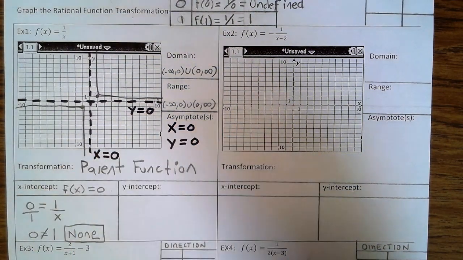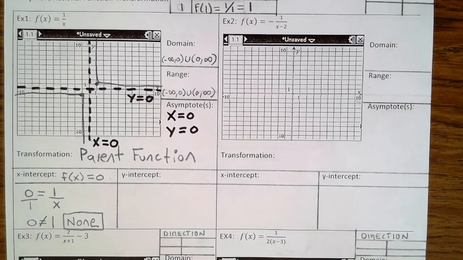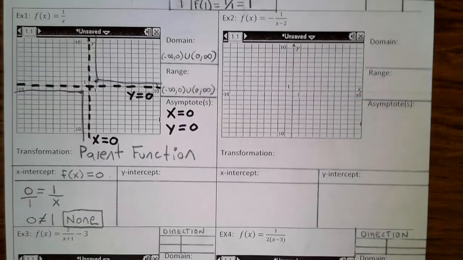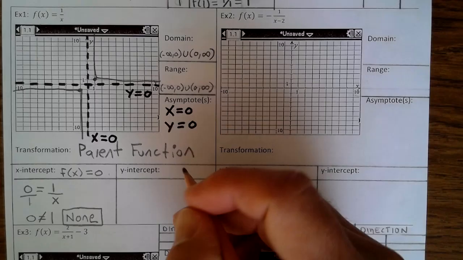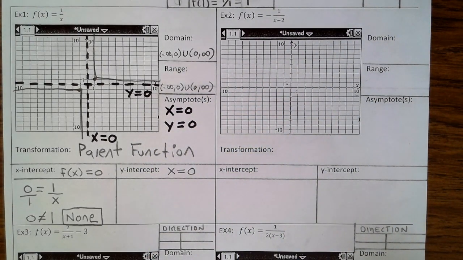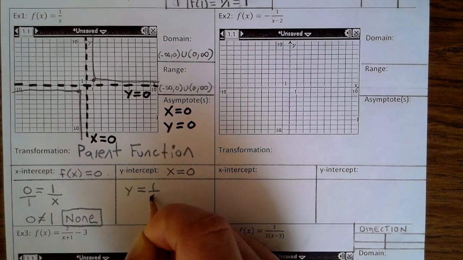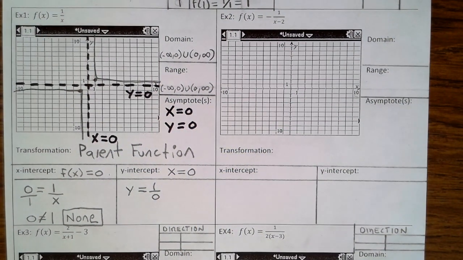Now for the y-intercept, that's when x equals 0. So we substitute 0 in for x. So y equals 1 divided by 0. And we know from our table that any number divided by 0 is undefined.